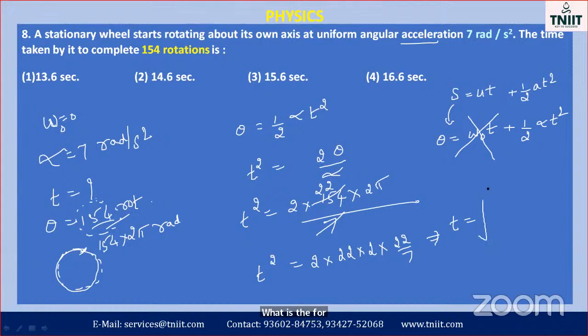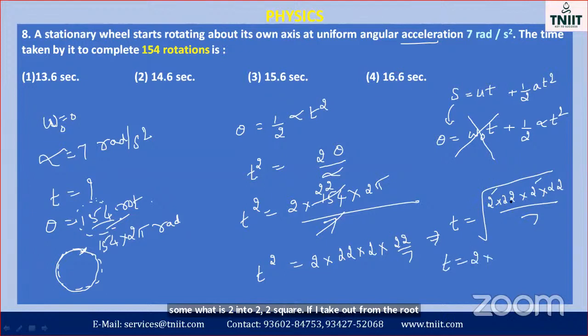I should take root of 2 into 22 into 2 into 22 by 7. 2 into 2, 2 square if I take out from the root, 22 into 22, 22 square if I take out from root, 22. Yeah, root 44 by what is root 7?